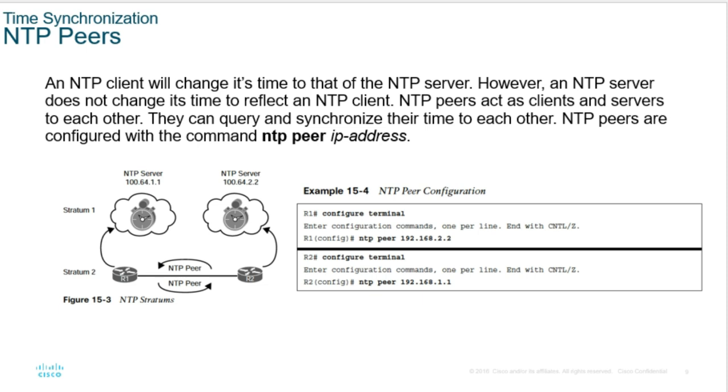The only type of NTP device that can synchronize with each other is if they are both NTP peers. You can use the command NTP peer and the IP address of the next device that you are peering to. In this simple topology, R1 and R2 becoming NTP peers means they can query and also synchronize their time to each other.